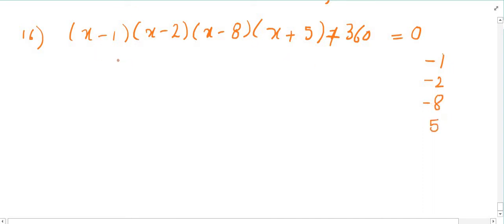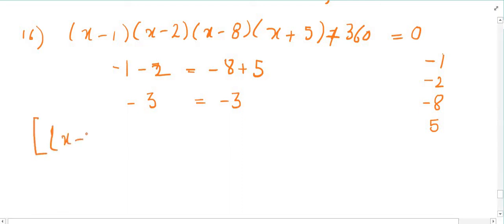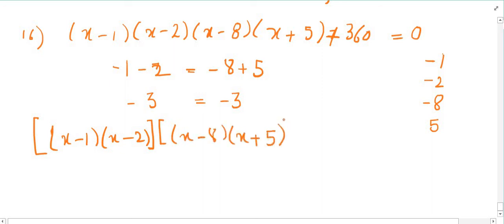Now how will you make the pairs? -1 + -2 equals -3, and -8 + 5 is also -3. So make pairs for (x - 1)(x - 2) and (x - 8)(x + 5) plus 360 equals 0.